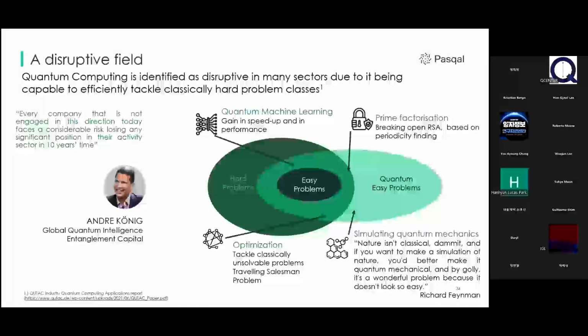So the prime factorization or integer factorization with Shor's algorithm is just one example, but we can have many other potential candidates for that, from quantum machine learning all the way to optimization. But since the field from a mathematical perspective is quite new, there is still a lot of missing theorems and missing proofs to establish exactly what constitutes easy and what constitutes hard problems for this new emerging technology.